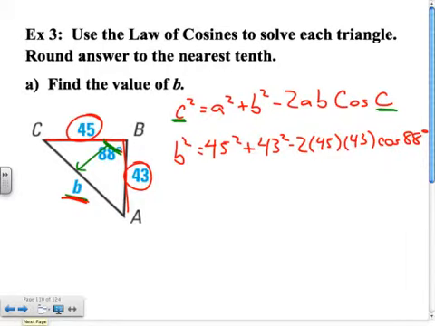From there, I'm going to have b squared equals, and I'm going to grab a calculator and plug all of this in at one time to make sure I don't make any silly mistakes.